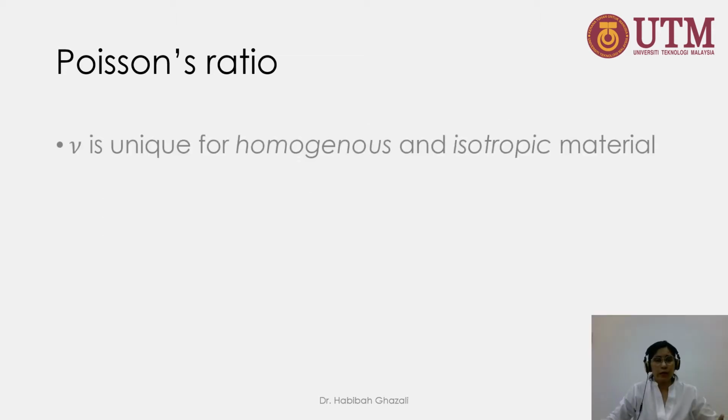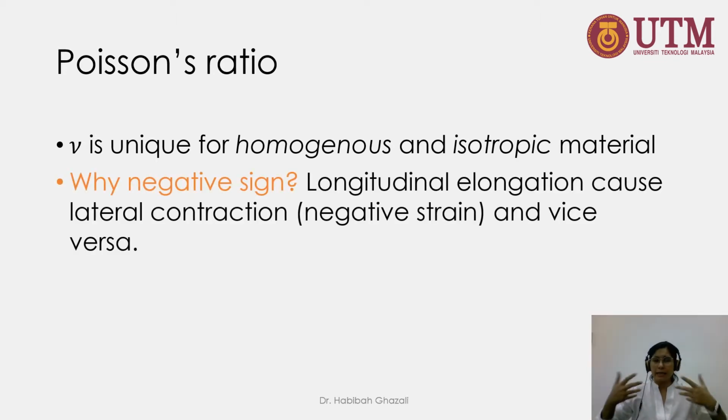Poisson ratio is unique for homogeneous and isotropic materials. So you can't use this definition or this analysis for materials that are anisotropic. The material must have the same properties if you measure it from different directions. And why is there a negative sign?